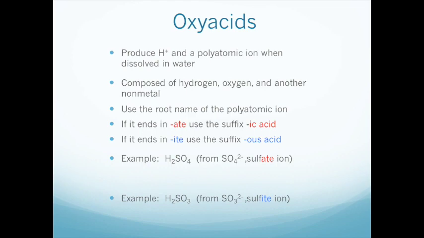Oxyacids produce H+ and a polyatomic ion when dissolved in water, and they're generally composed of hydrogen, oxygen, and some other nonmetal. In the case of naming these, you use the root name of the polyatomic ion. If it ends in "ate," you use the suffix "ic." If it ends in "ite," use the suffix "us," O-U-S.